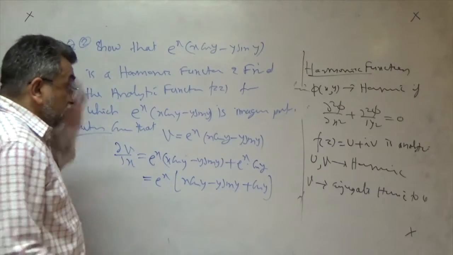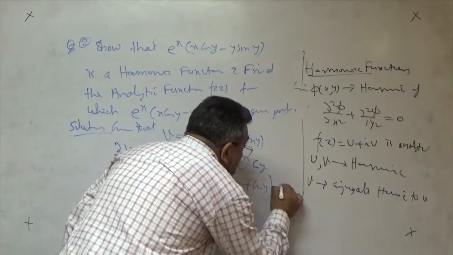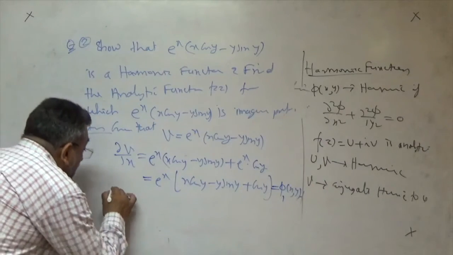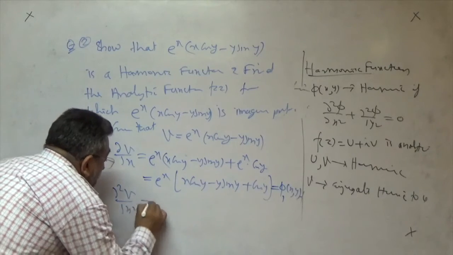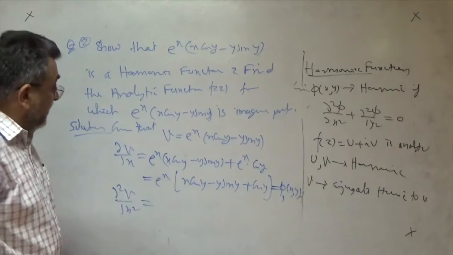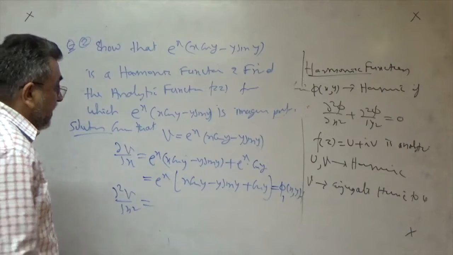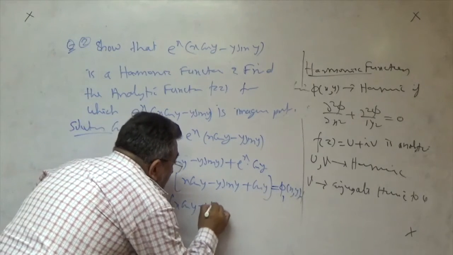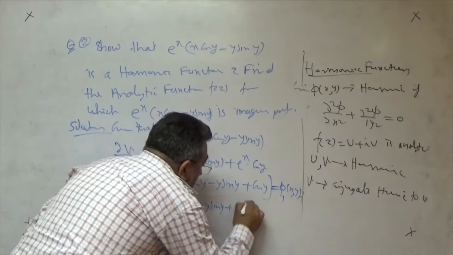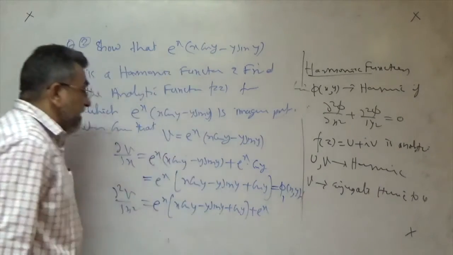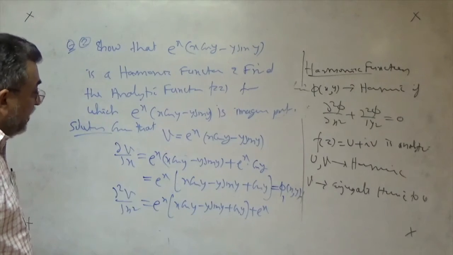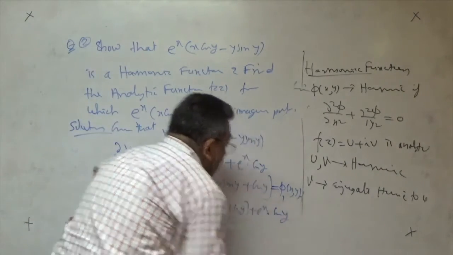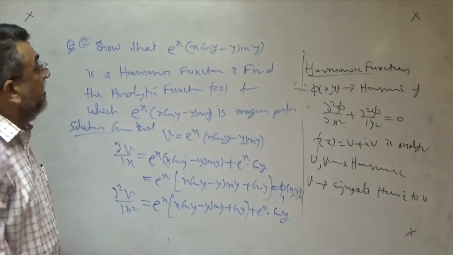And you can take this as phi 1 of x, y. Now calculate del 2 v by del x 2, because you also have to prove it is a harmonic function. Means the second derivative of this with respect to x. Again by the multiplication rule, first function into the second function plus the first function into the differentiation of the second function with respect to x, only this is the function, so we get again cos y. This is the second derivative.